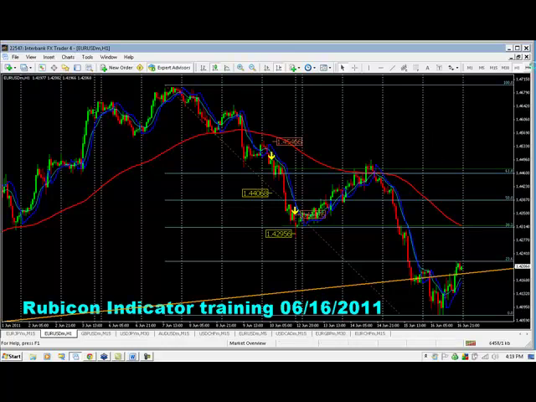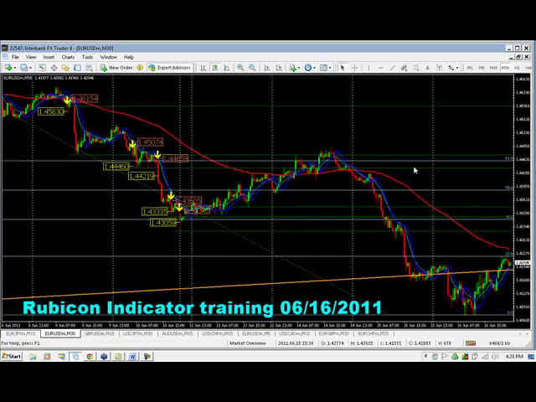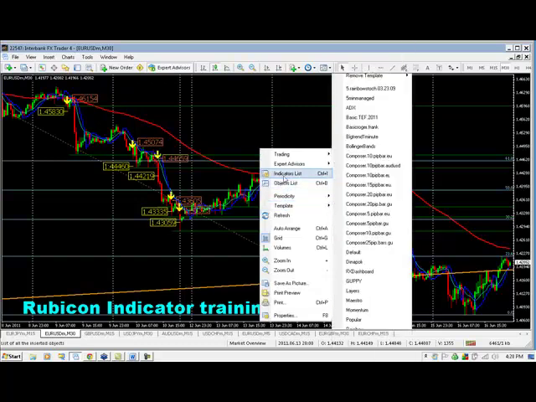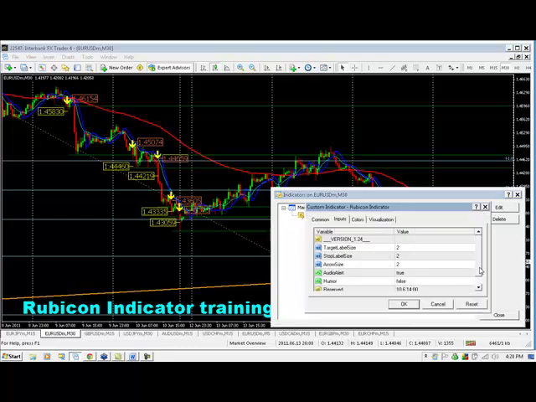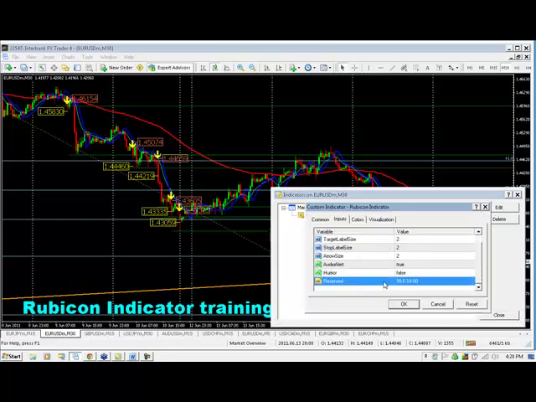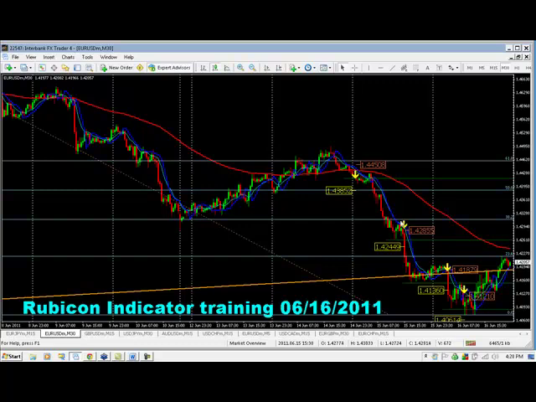Now let's go down to our 30-minute chart. And there you see it right there. Let me bring my Rubicon back up to date. To bring it back up to date, just go to that reserve portion, blank it out, click OK, and that'll bring you back up to the current signals.